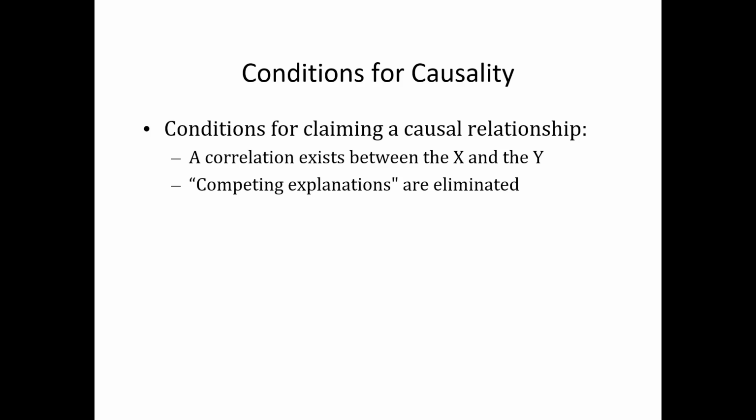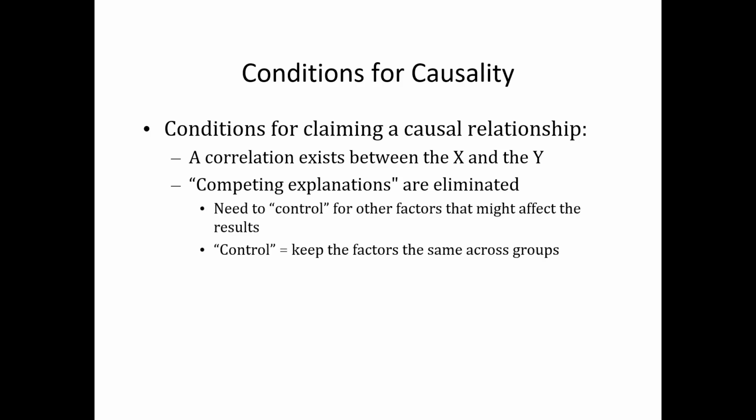This is usually the most difficult aspect of proving a causal relationship and often requires us to set up elaborate procedures to minimize the possible impact of other factors on the effect. In causal research, we refer to this as controlling for other factors. One way of controlling for other factors is to ensure that they are the same across all the groups in the experiment.